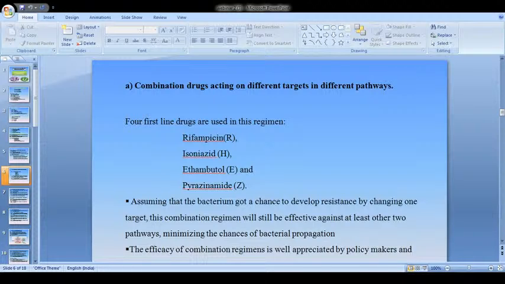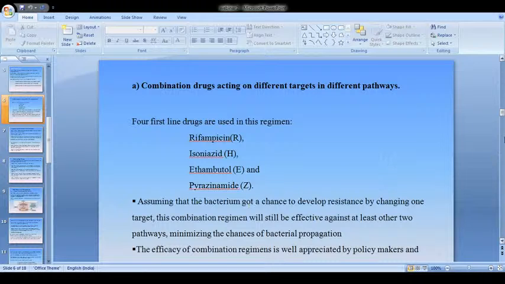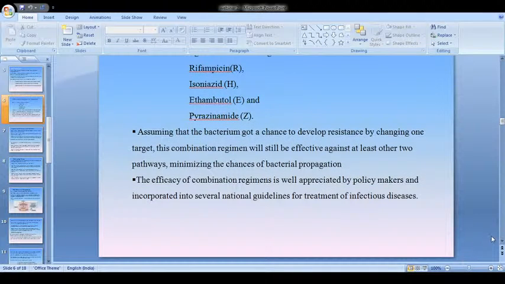The efficiency of combination regimens is well appreciated by policy makers and also incorporated for the treatment of various infectious diseases. Similar is the case with various other combinations, the therapeutic strategies for bacteria like Mycobacterium leprae infection, HIV, and Plasmodium falciparum, that is malaria treatment strategies.